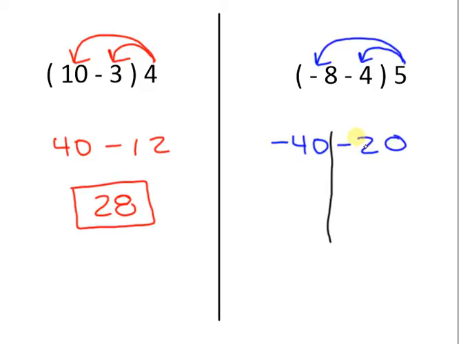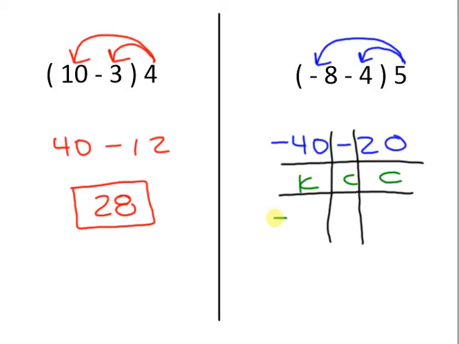So I'm going to do my tic-tac-toe. So keep, change, change. I'm going to keep -40, change my minus to plus, and change +20 to -20. So now I have addition, I have same sign. So -40 plus -20 is -60.